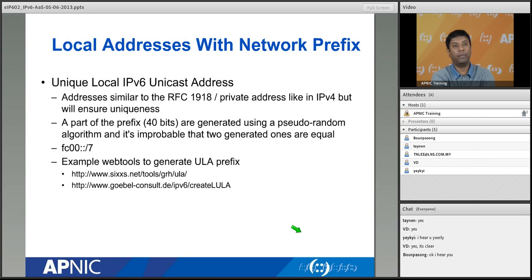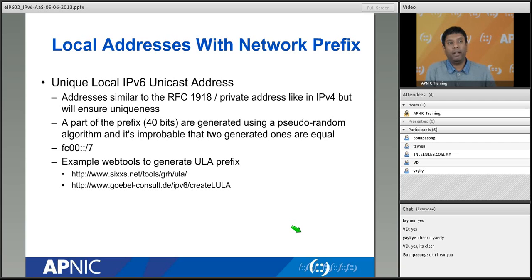But the difference between an IPv4 private address and an IPv6 ULA prefix is that in IPv4 there is a fair chance of duplication of addresses. For example, organization X builds two sites, so they use random numbers to build them. And organization Y probably also uses the same range. As long as both organizations are separate, that's fine, no issues. But what if they merge together? Then there will be a problem. Either X or Y needs to renumber their network, right? But in IPv6, if we use the ULA prefix, that gives a little bit of a better option.